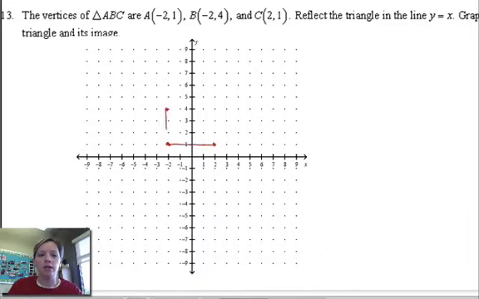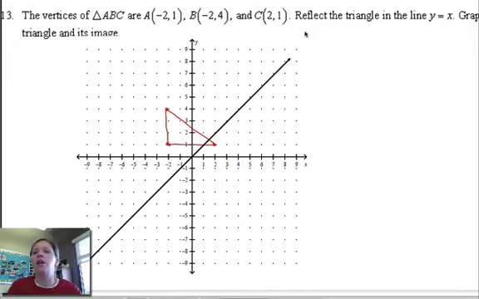We want to now reflect that over the line y equals x. You have to start with the right reflection line. The line y equals x goes like this. You might want to write down the rule. The rule for reflecting over that line is reverse the coordinates. So let's get a different color here.